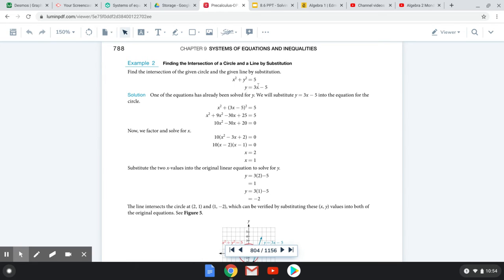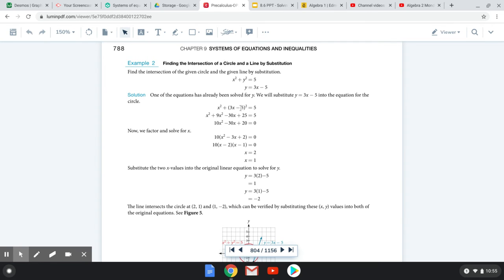Since these are both not squared, I could either substitute this in here, or I could rearrange it, solve for x, and substitute that in here. Obviously, since this is already solved for y, the easiest thing is to just take this and substitute it in here, which is exactly what they did.